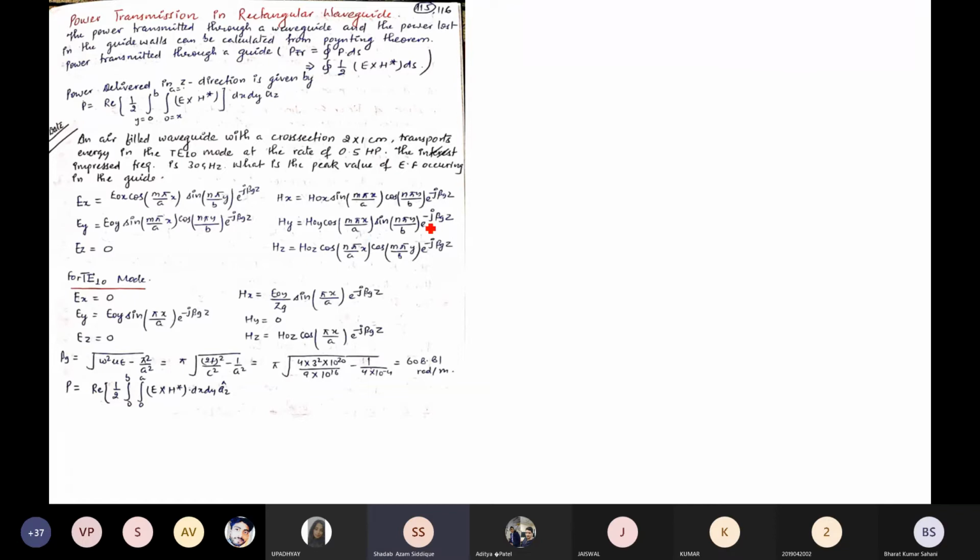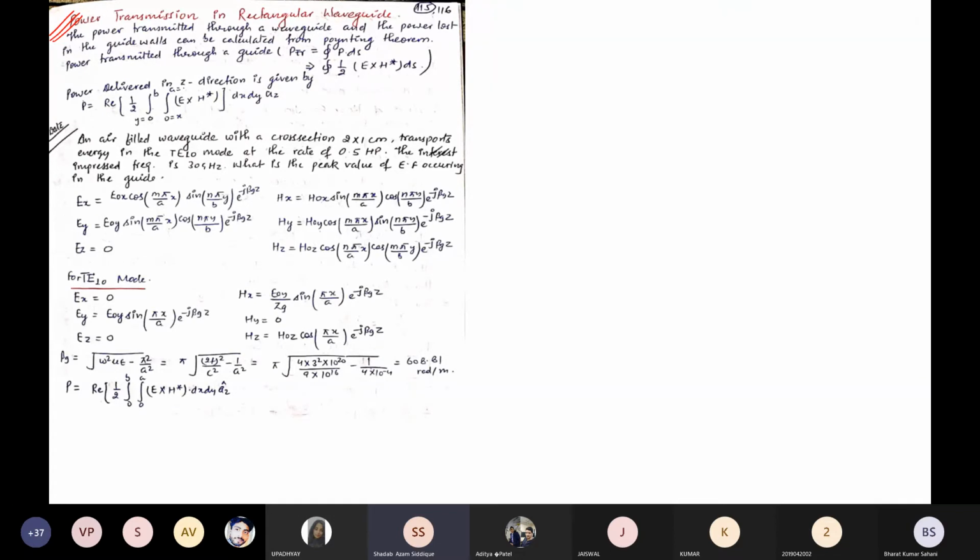Okay, so how can the transmitted power be found out? The power transmitted through a waveguide and the power lost in the waveguide wall.